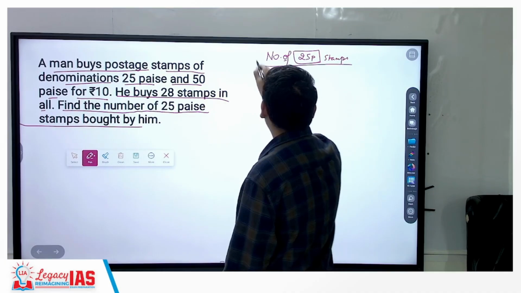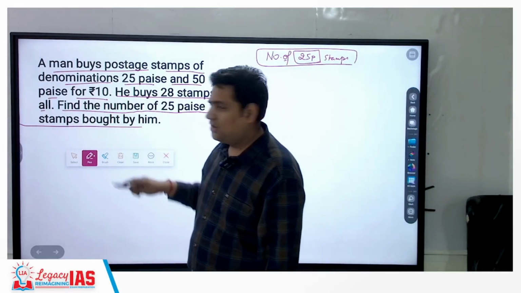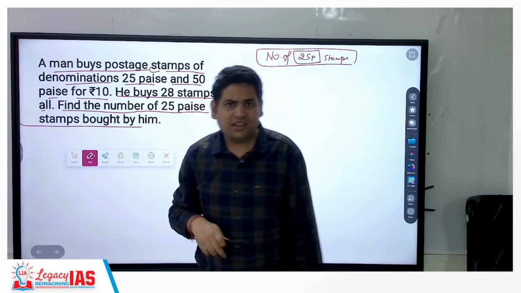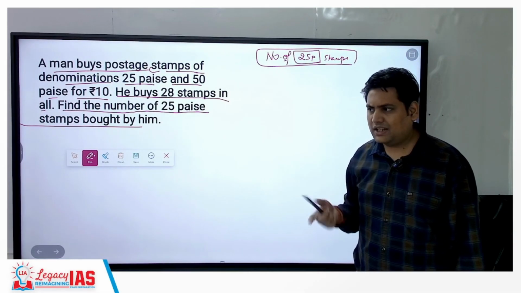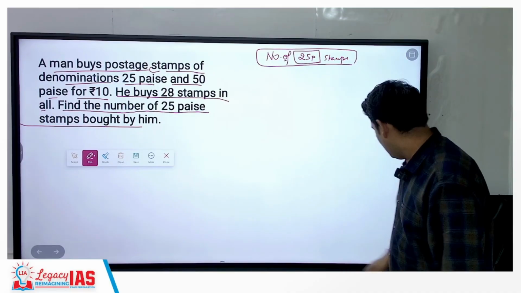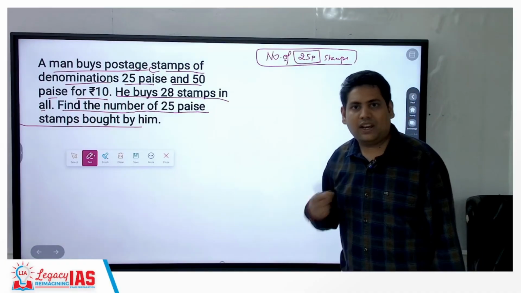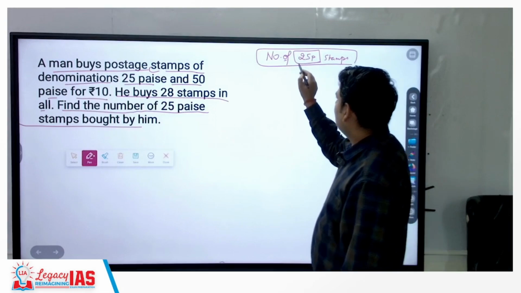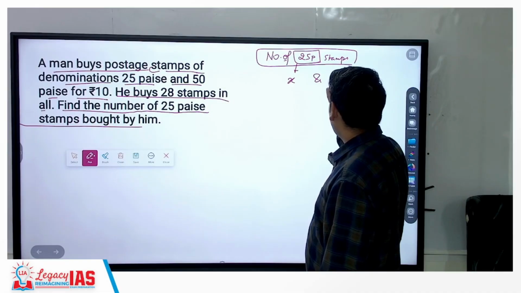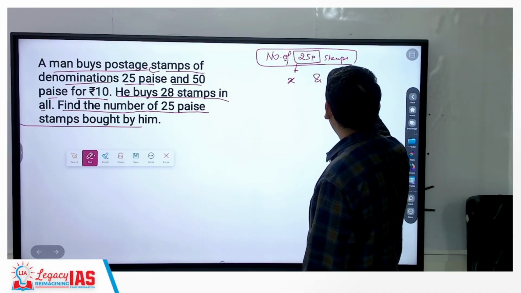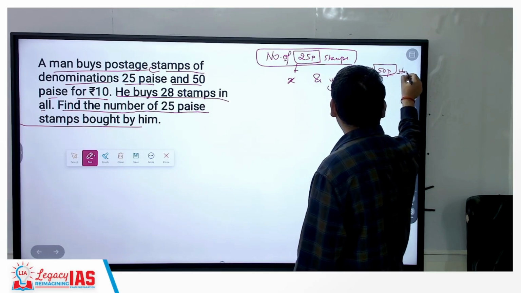This is asked. Correct? Now, just understand, if there are 2 kinds of stamps, 25 paise and 50 paise, then to find the number of 25 paise stamps, let's say we call it X, you also need to find Y. Both we get together, that is, from solving 2 equations, you get the value of X and Y. Let's say the number of 25 paise stamps I assume to be X and Y I assume to be the number of 50 paise stamps.